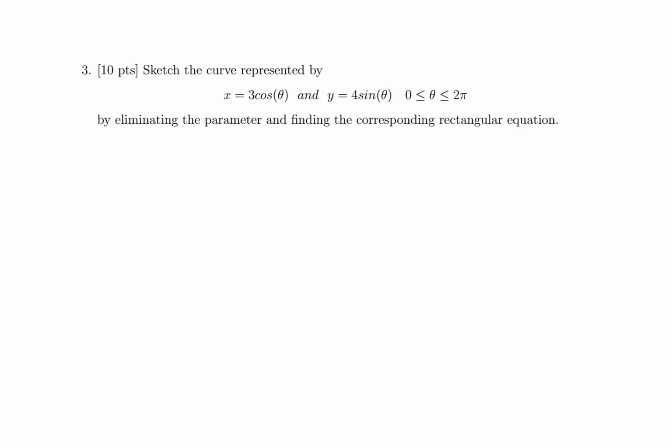Next one, sketch the curve represented by this. Okay, here we have x equals 3 cosine theta and y equals 4 sine theta, and the theta range is this. So what I do, I get cosine theta is x over 3 and sine theta is y over 4.